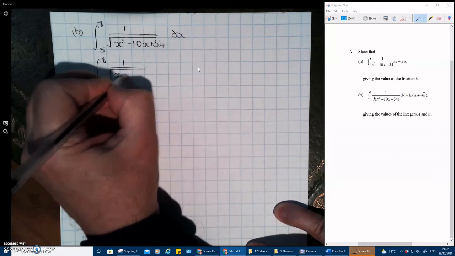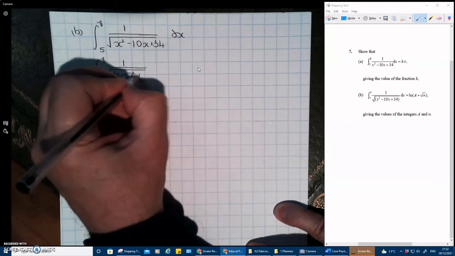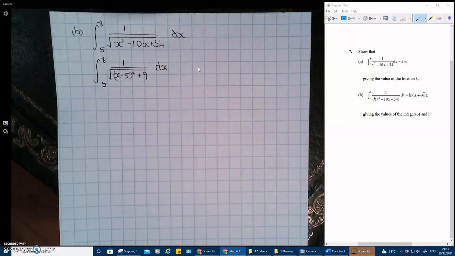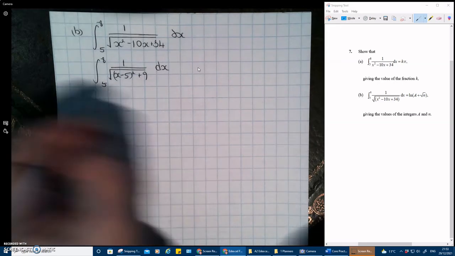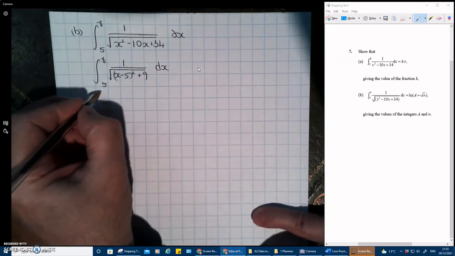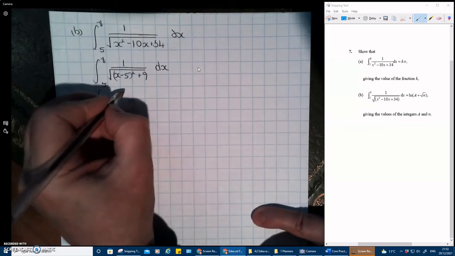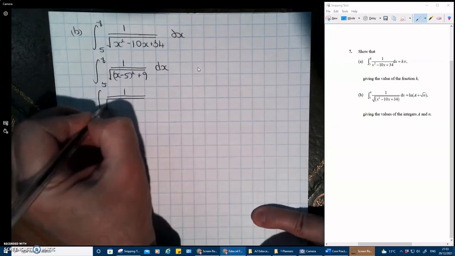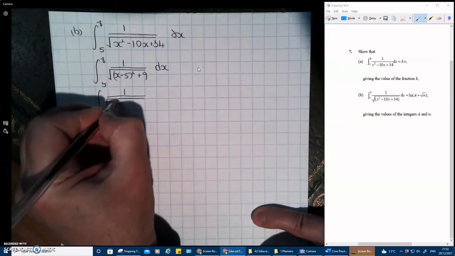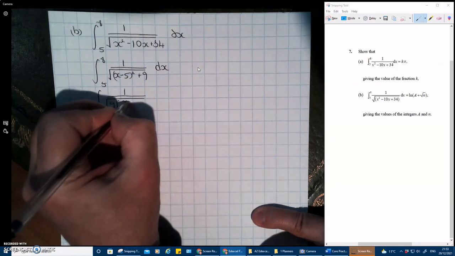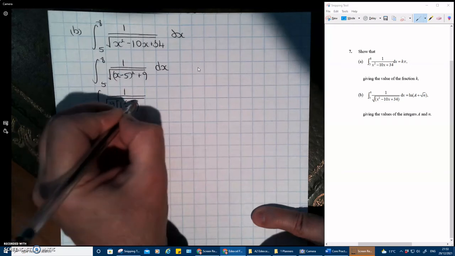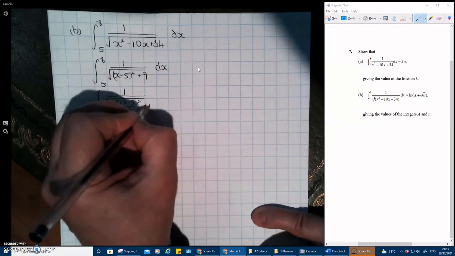x minus 5 squared plus 9 dx. Now remember, I don't want a 9, I want a 1. So I'm going to take a 9 out. I'll do it in 2 steps, but you probably could do it with 1. 1 over square root of 9 times x minus 5 over 3 squared plus 1.